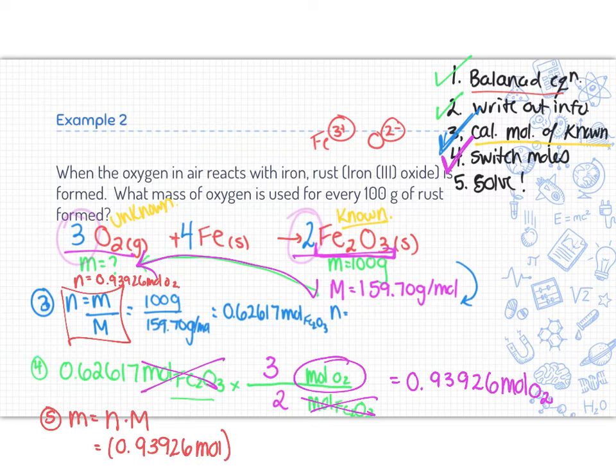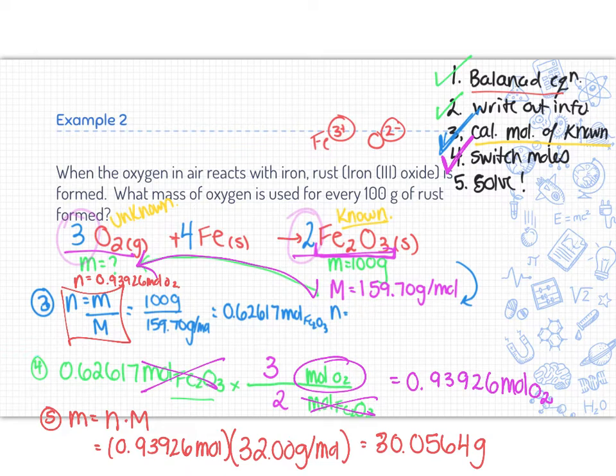And the molar mass of oxygen, remember it's O2, is 32 grams per mole. So multiplying those out, I get 30.056, and I'm going to round that 3 to a 4 here. This is grams.